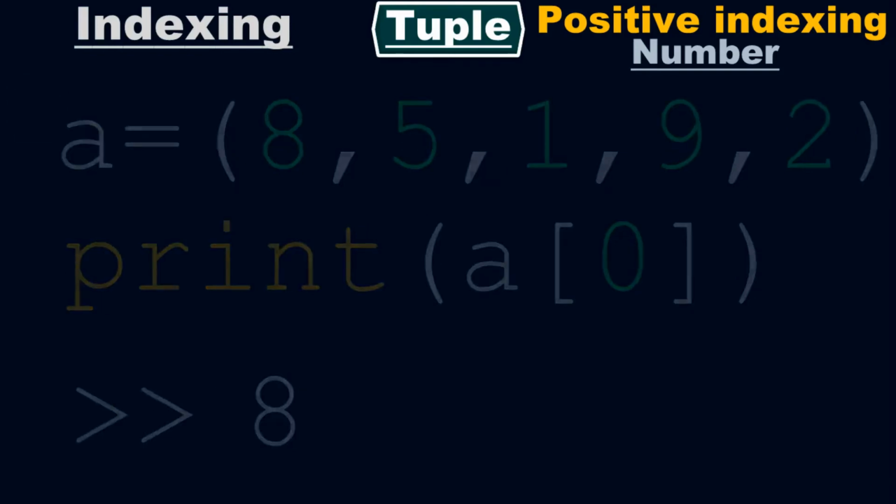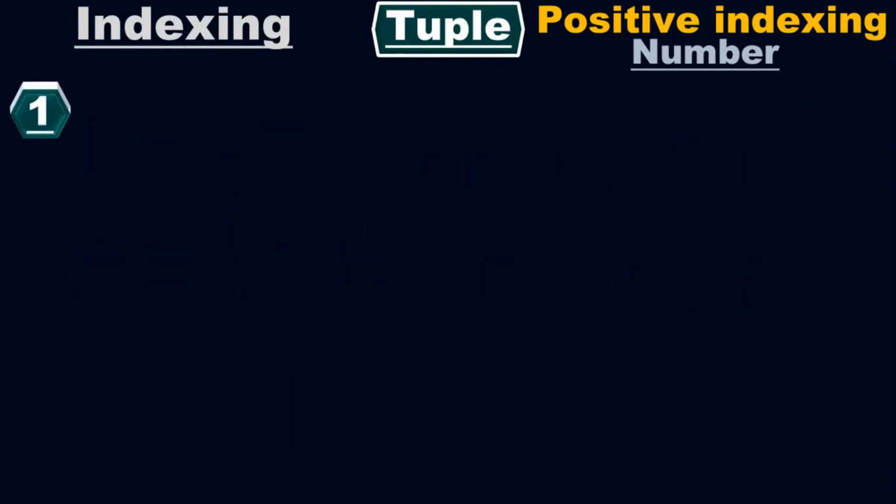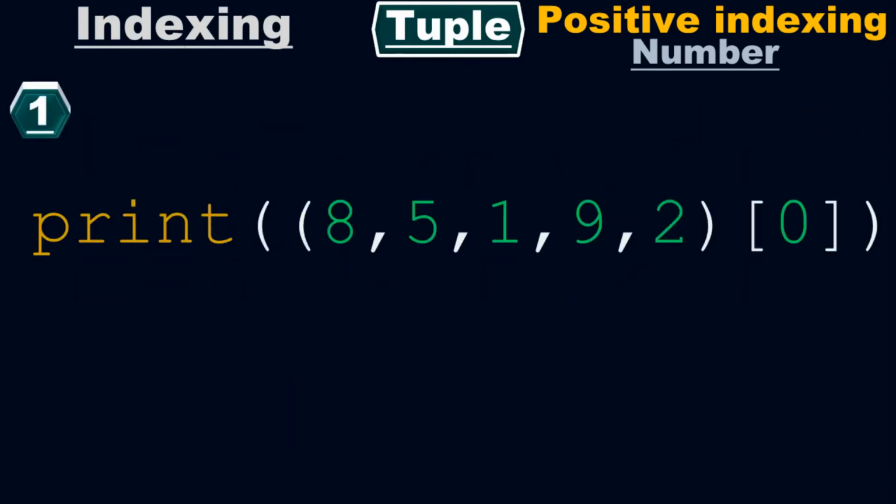Let me check the second method. According to the second method, we take print of 8, 5, 1, 9, 2 of 0 indexing, which returns 8. It will return the same answer. Look, this time I didn't use the identifier or the variable. I directly took the print function, print of 8, 5, 1, 9, 2 of index 0.